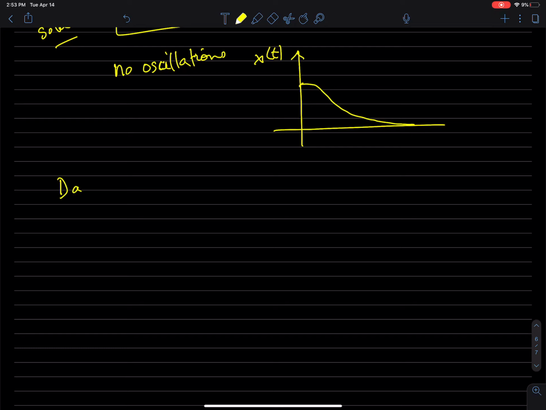So damping slows things down and sort of reduces oscillations.